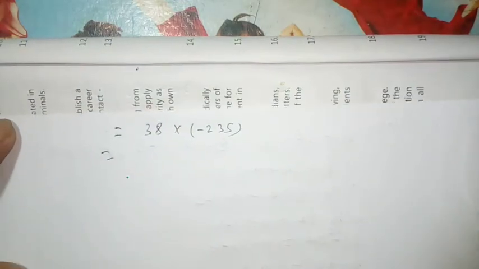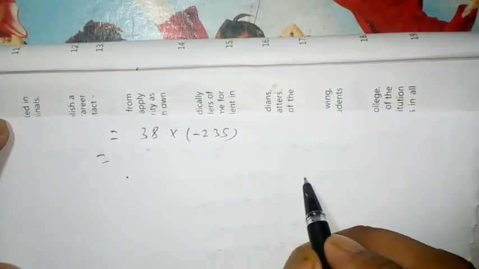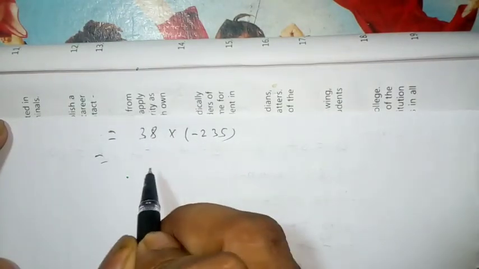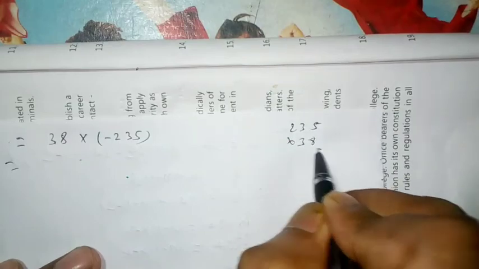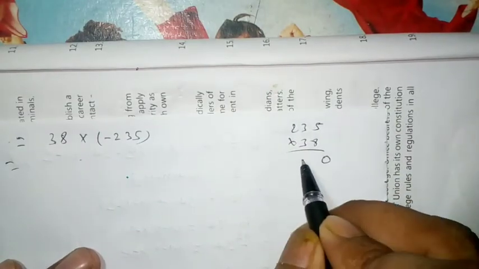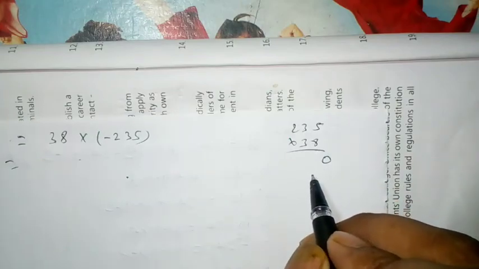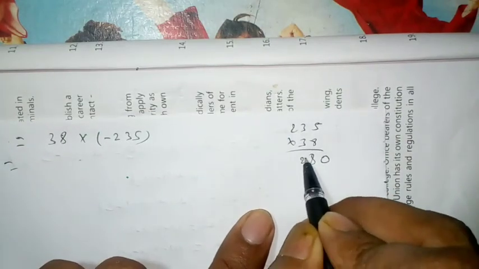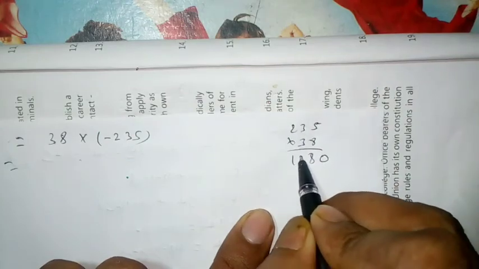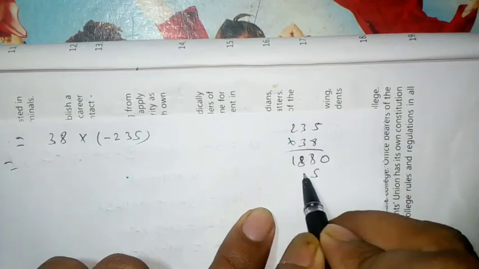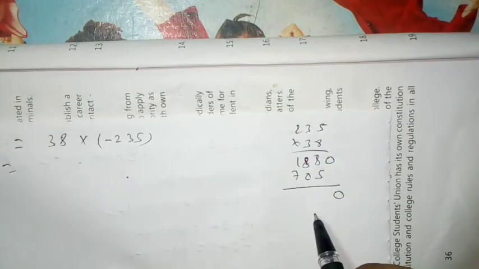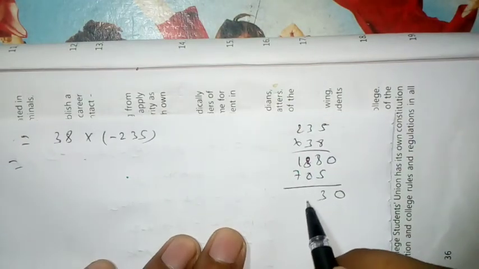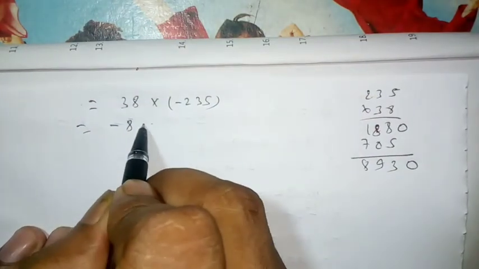Now we multiply 235 by 38, then we get 235 into 38, 8 5 40, and so on, the result is minus 8930.